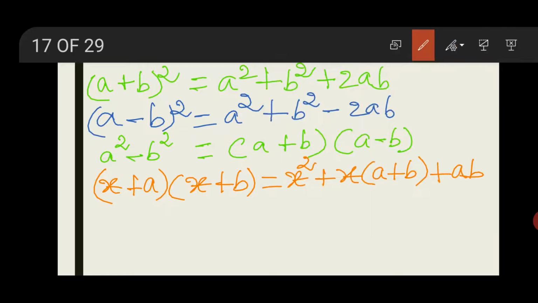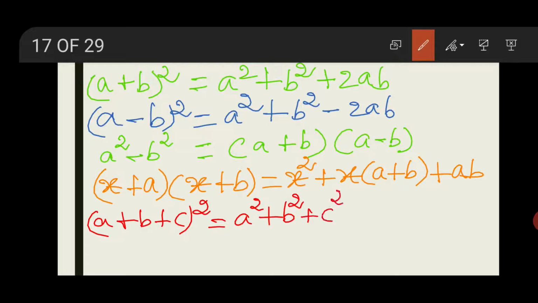Next, (a plus b plus c) whole square is equal to a square plus b square plus c square plus 2ab plus 2bc plus 2ca.